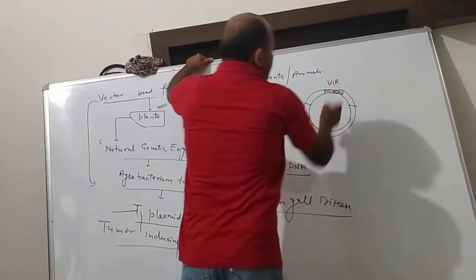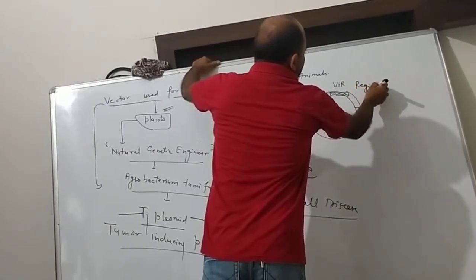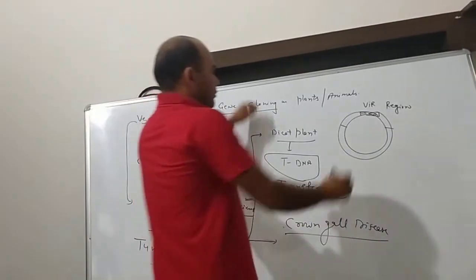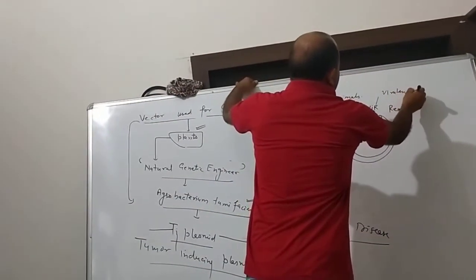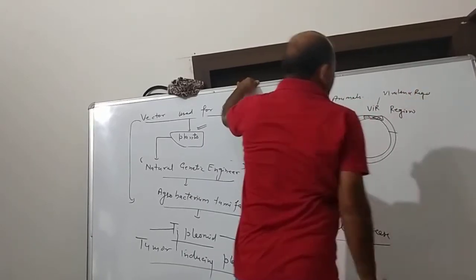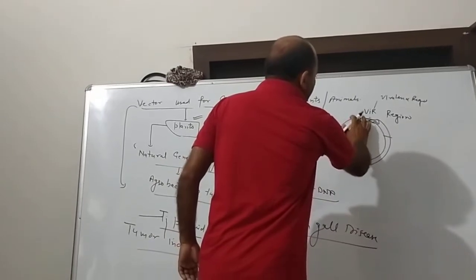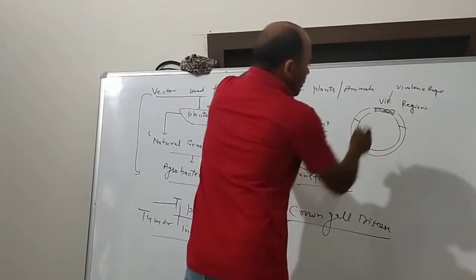This is called the vir region. Vir indicates the virulence region, the pathogenic region. What did scientists do? They make a cut here and here, and this region is removed.